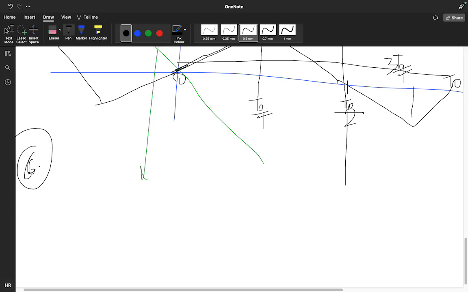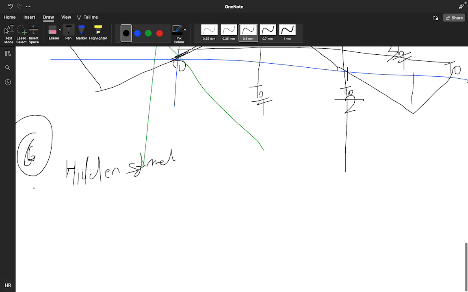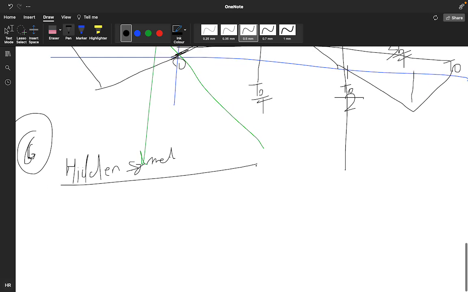Not question number 6, it's the next topic, hidden symmetric signal. Okay, hidden symmetry. What is the meaning of a hidden symmetry?